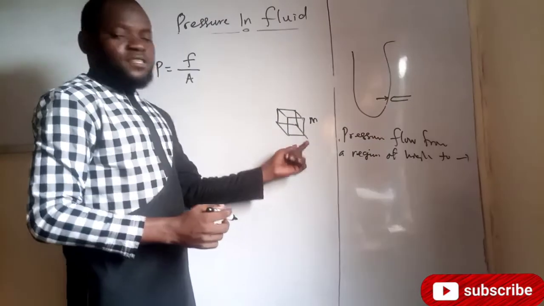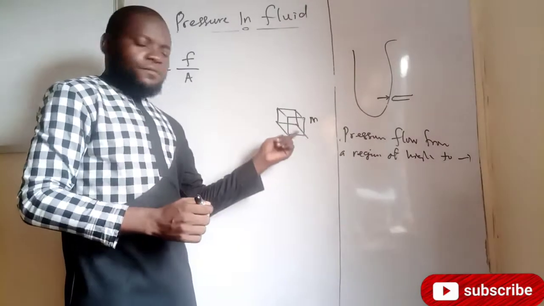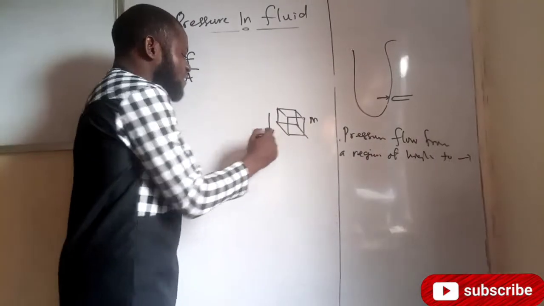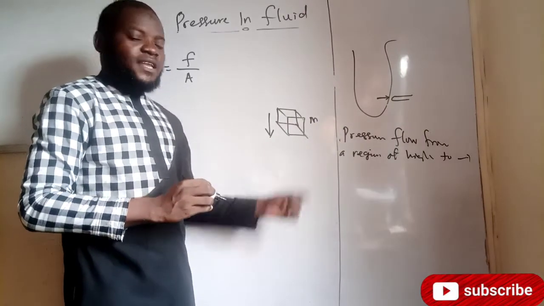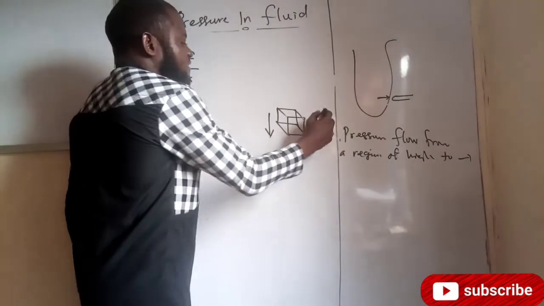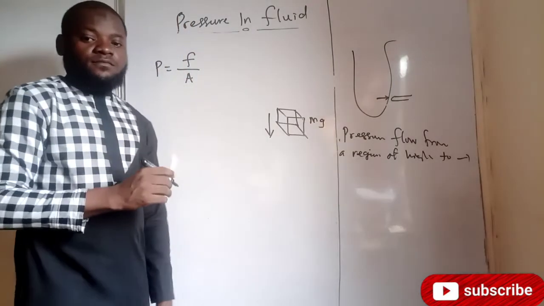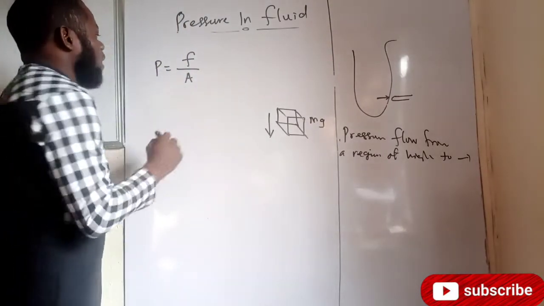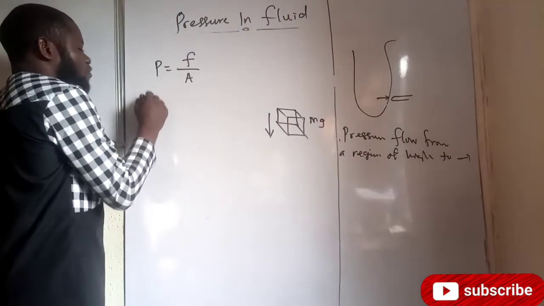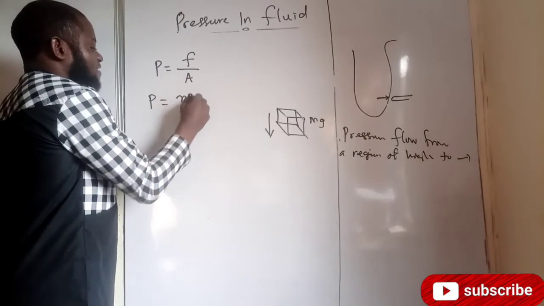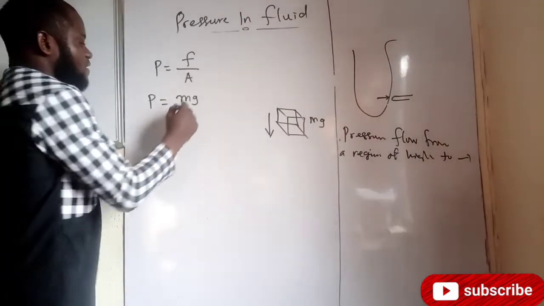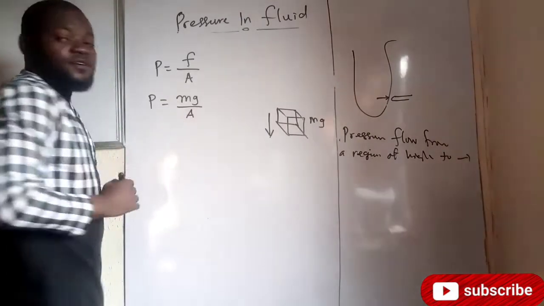When I place it on the table, the weight of this solid is acting perpendicular to the surface of that table. And this weight is given as mg. Now, let's say the weight of the molecules of fluid is also given as mass times gravity divided by the area.